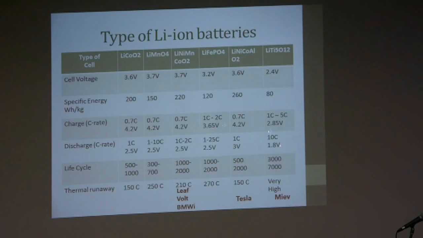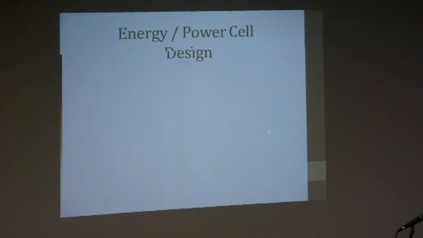The discharge rate is good, right? Life cycle is excellent, and the runaway temperature is very high, so they're very safe. They last long, but they're huge. All right. Let me see, what else do I have?